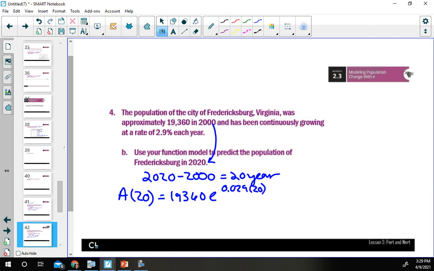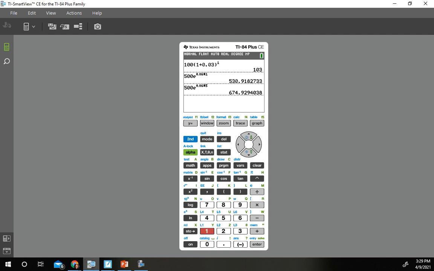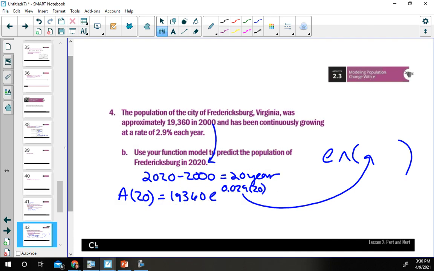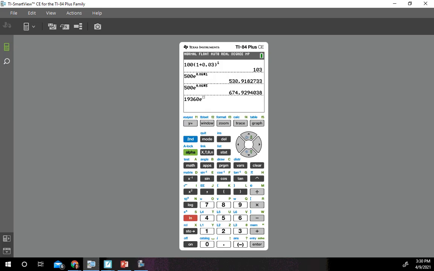So go ahead and type it in your calculator. Just a reminder, if you have one of those older 83s or older 84s, when you do this, make sure all of that is in parentheses. Okay, so now I'm going to type it in. 19360, make sure I did that right. 19360 e to the 0.029 times 20.